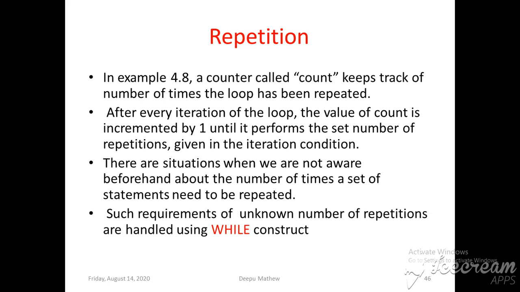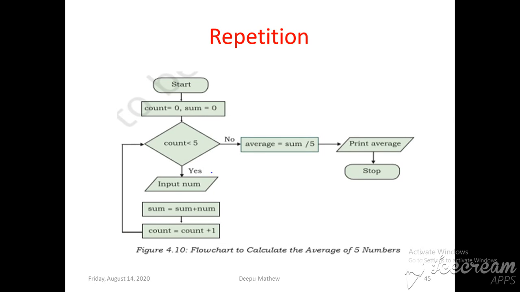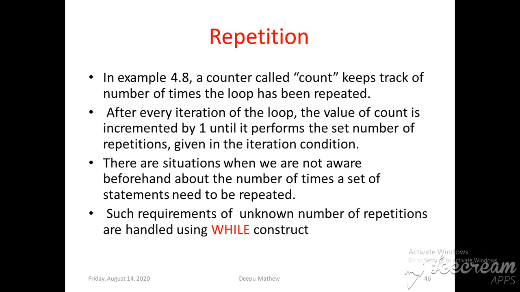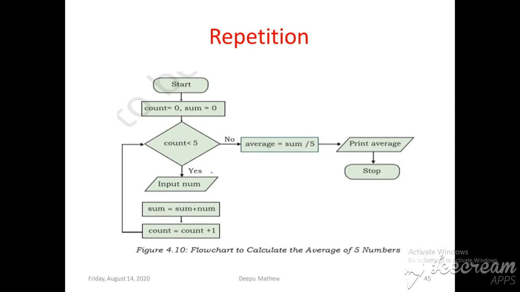There are some situations when we are not aware beforehand of the number of times a set of statements needs to be repeated. For example, here we know that the loop is executed only 5 times. In some cases we know how many times it is going to repeat, but for a sequence of an unknown number of repetitions we handle it using the while construct.